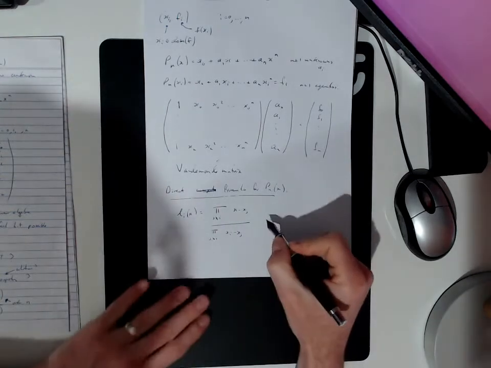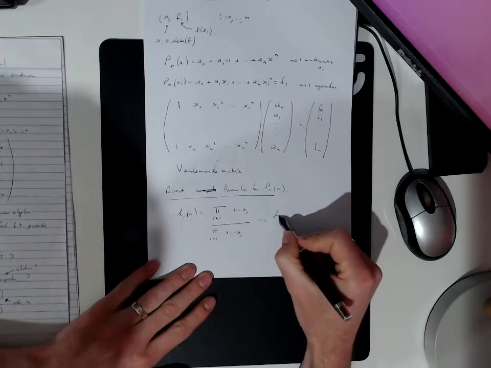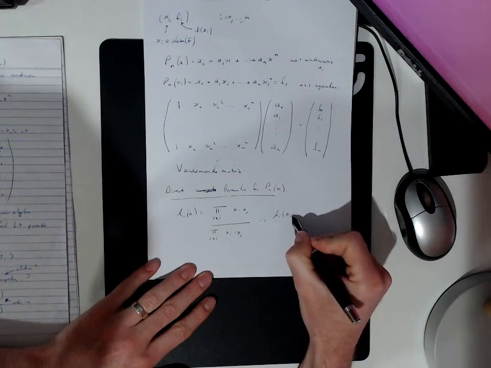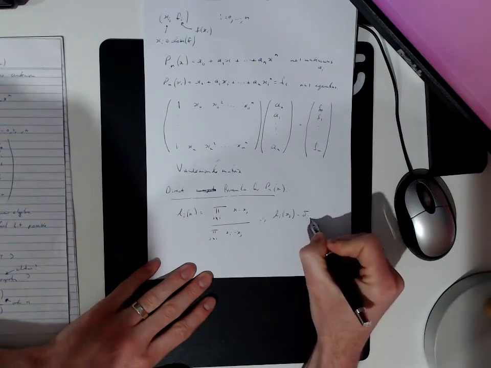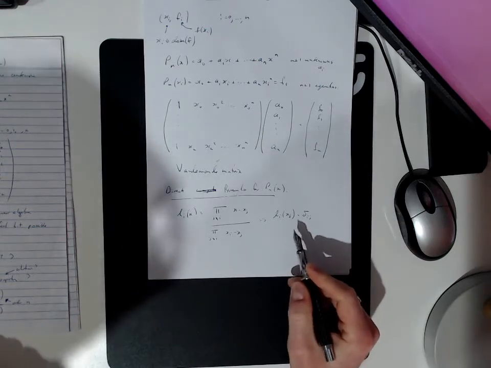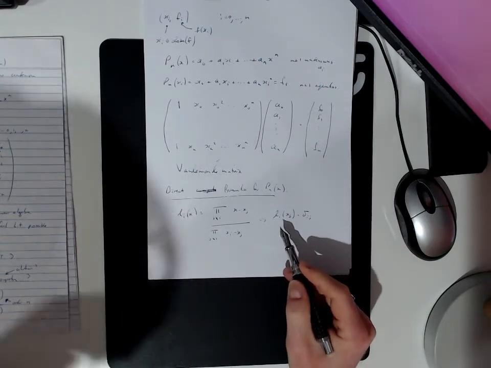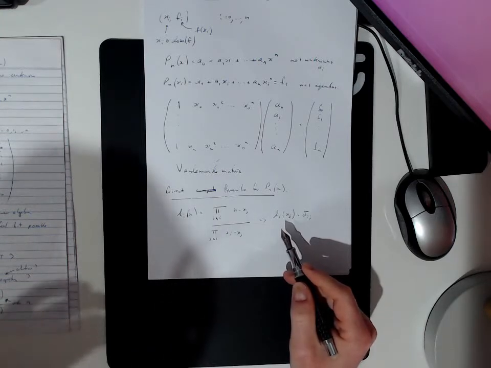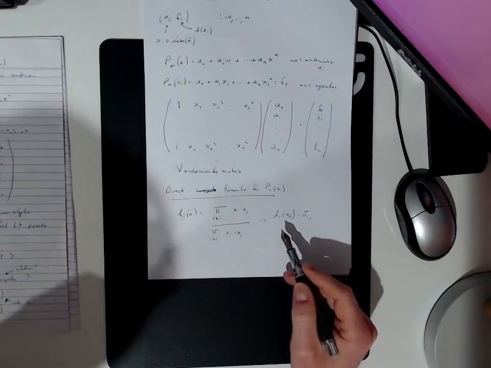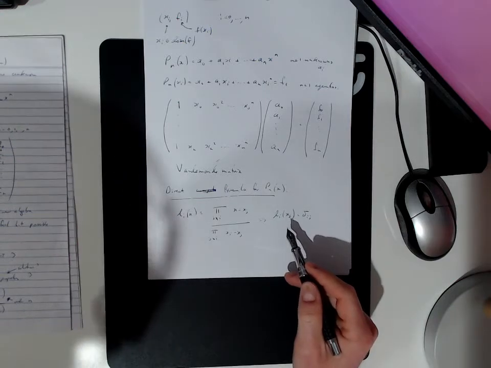So these polynomials are designed in such a way that L_i(x_j) is going to be equal to delta_ij. So it's either equal to 1 or 0. It's equal to 0 at all the other points where we've sampled the function, and equal to 1 at x_i.